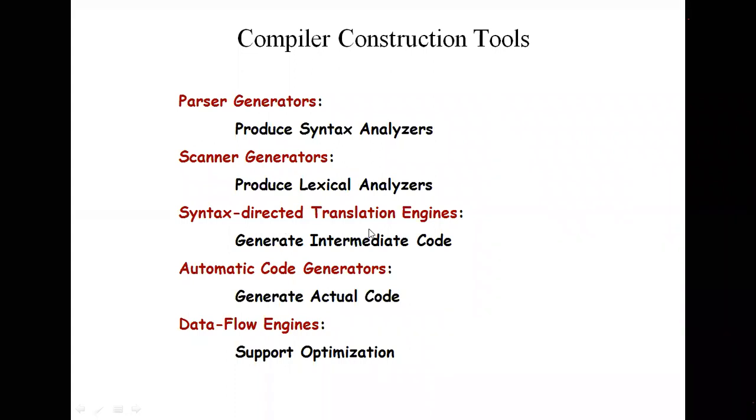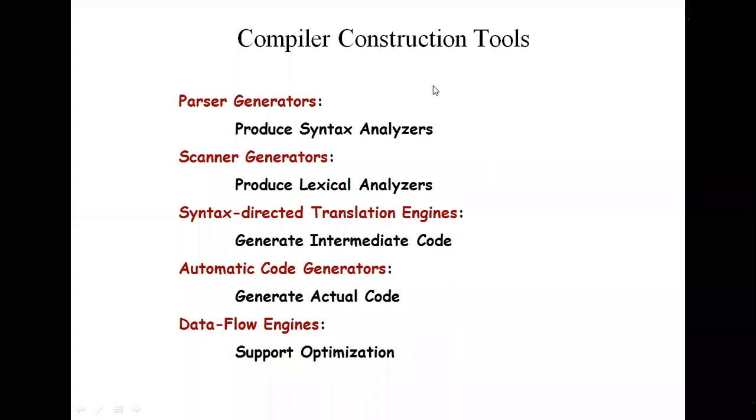For the syntax directed translation engine, the specification should be in the form of an intermediate code representation. For the code generator, the specification should be in the form of machine level instructions. And finally, for optimization, we are not producing the optimization by using the data flow engine as a tool; it just supports the optimization techniques.